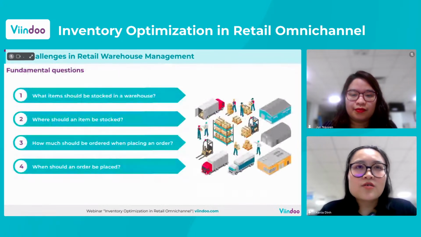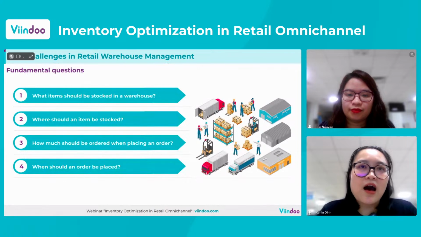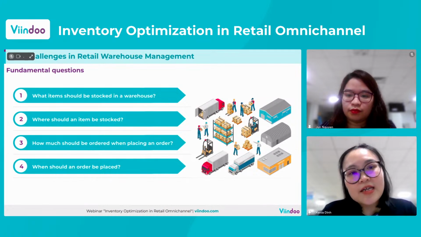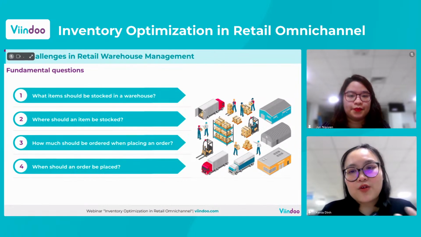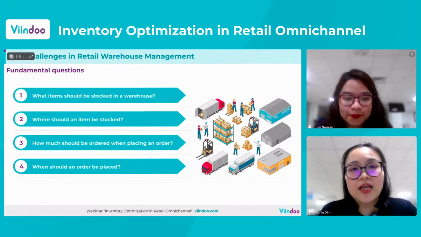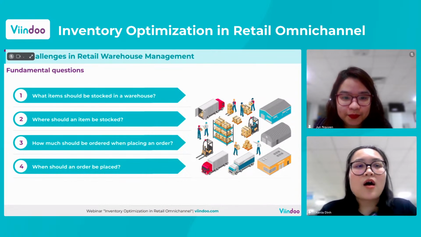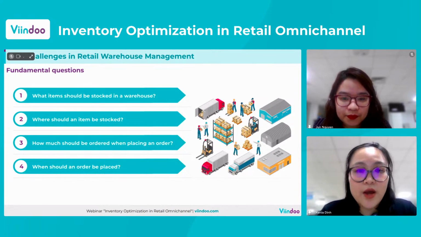Okay, so all of these tactics are meant to answer the following 4 fundamental questions. The first one is, what items should be stocked in the warehouse, right? You may have many items, but which one should be stocked in your warehouse? Which one should be stored in your supplier's warehouse and then received directly in the stores? The second question is where should an item be stocked?